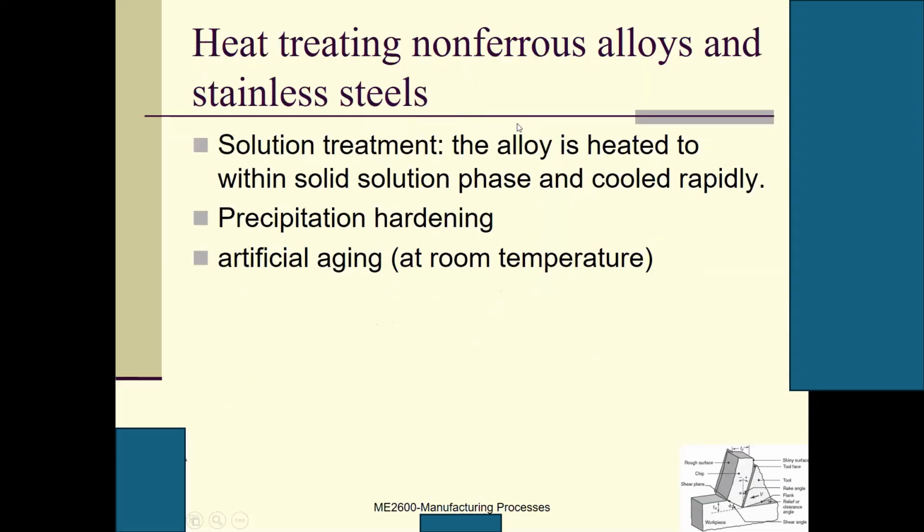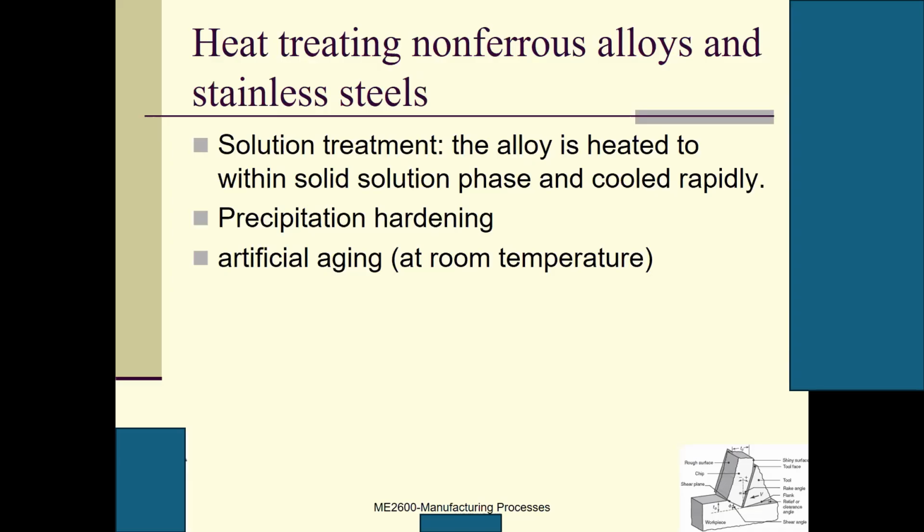So heat treatment. These are commonly used heat treatments for non-ferrous alloys and stainless steel. The last time I talked about the phase change diagram, that is the iron-carbide phase change diagram. That is the most important diagram when you learn the material science for iron, okay?